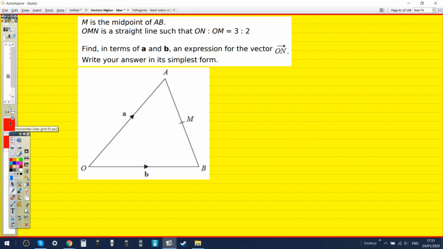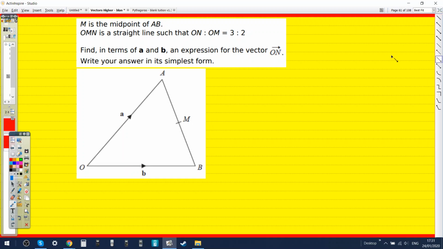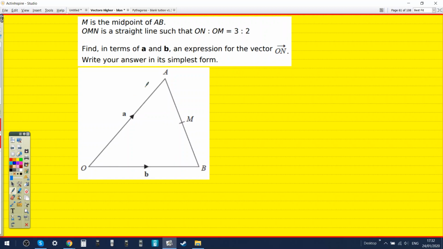Okay, read this, try to make sense of it. So where's ON on this? So that you see how ON is 3 and OM is 2?